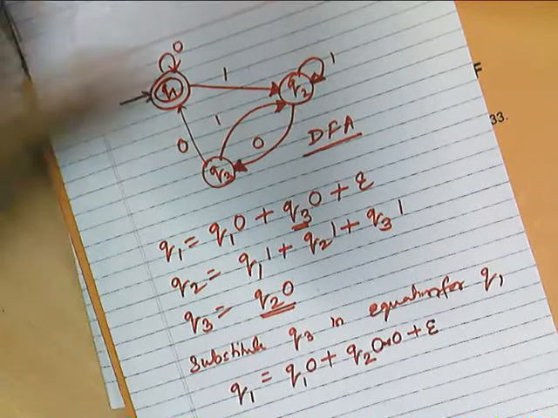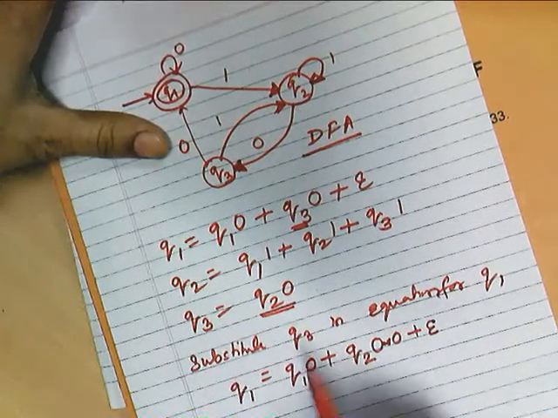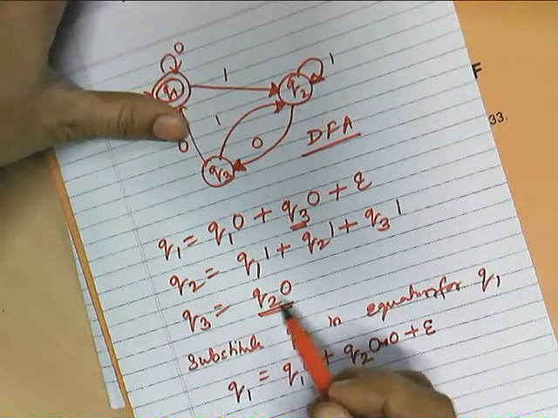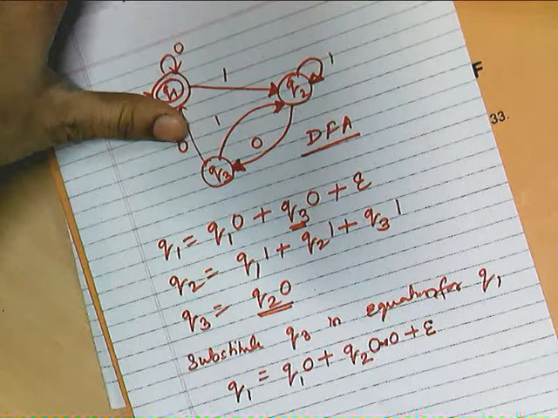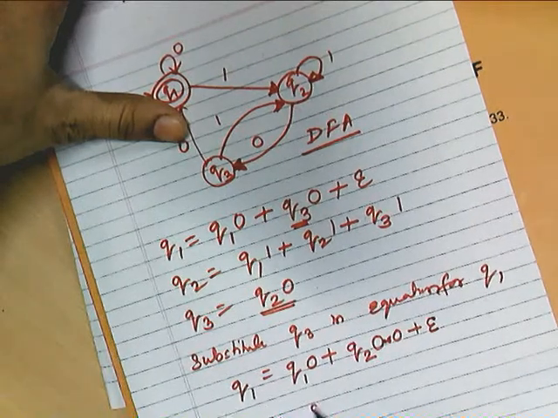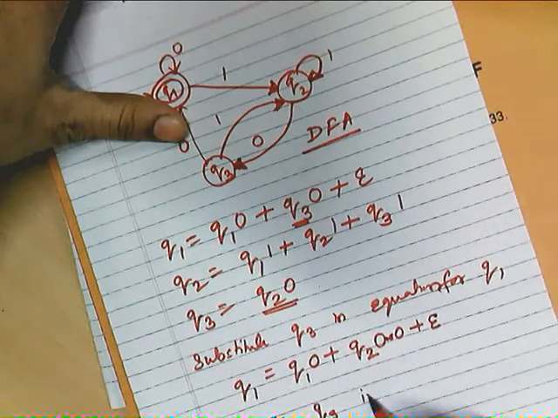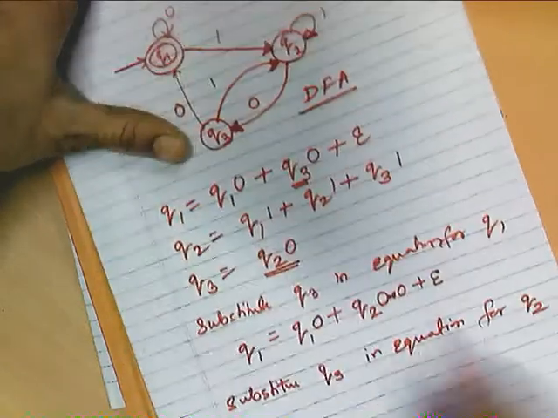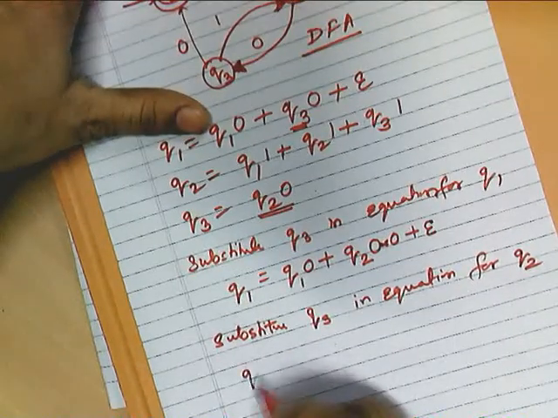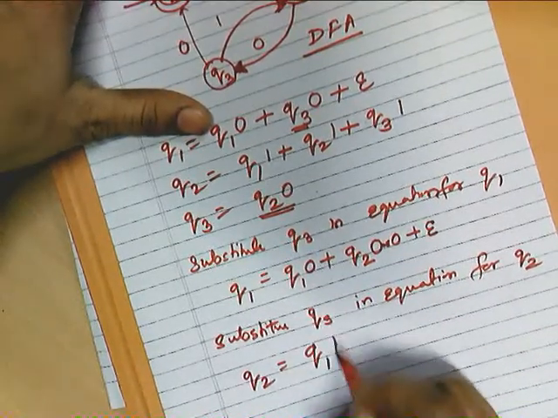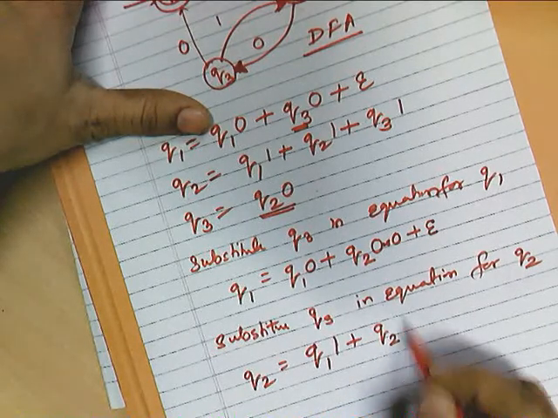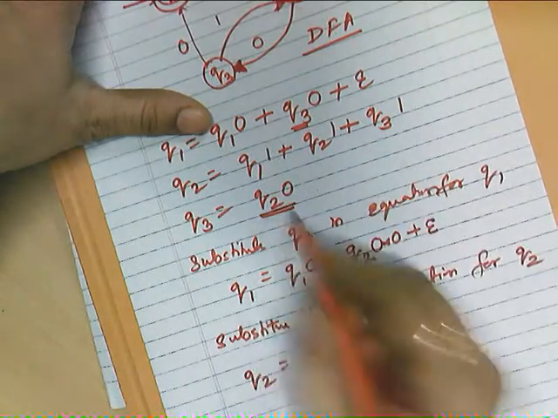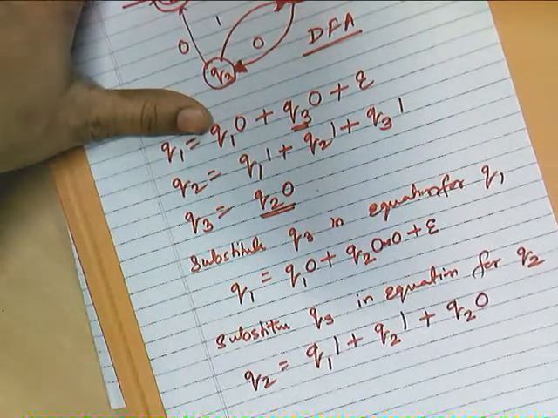Now if we again substitute, substituting Q3 in the equation for Q2, what will we get? We will get Q2 is equal to Q1 1 plus Q2 1 plus, now what is Q3? This Q3 will be replaced by Q2 0.